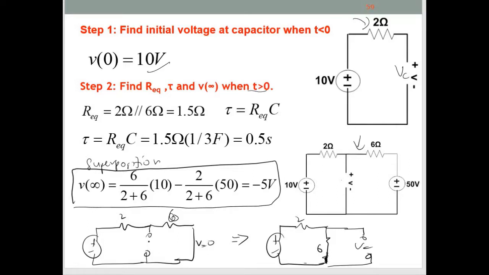I just moved the capacitor to the last component so that you can clearly see that VC here is equal to V6, since it is a parallel connection. So just use the voltage divider, 6 over 6 plus 2 times 10 for the voltage source V1.